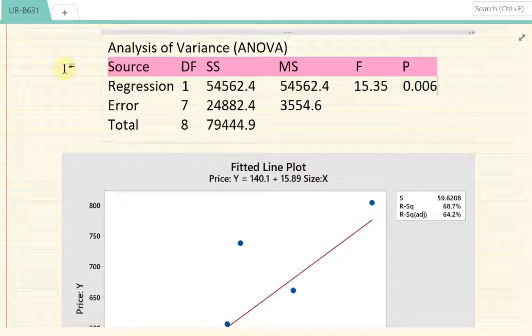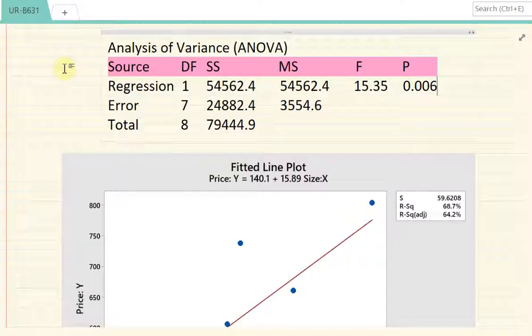What does that mean? Remember, our regression model is a linear model here, a straight line fit. So the null hypothesis says that the linear fit is not the right model for this. In other words, there is no linear relationship between x and y.